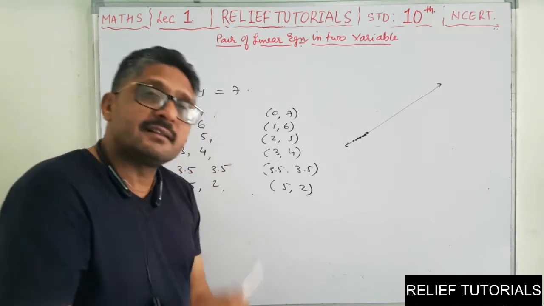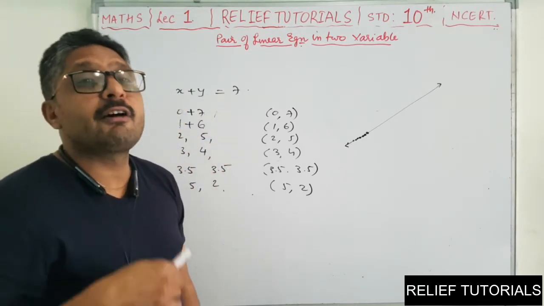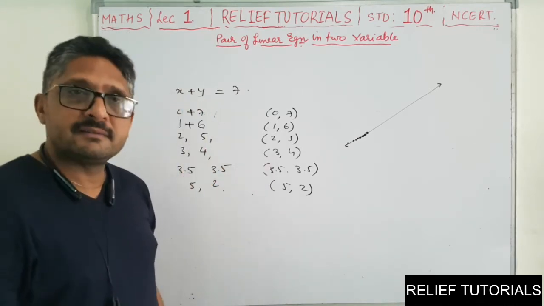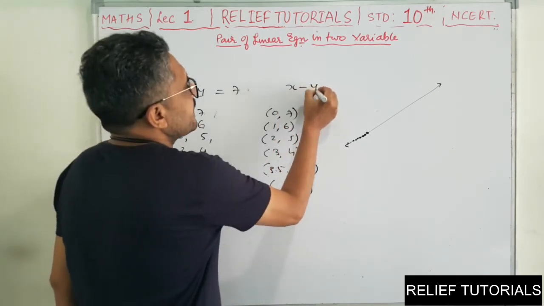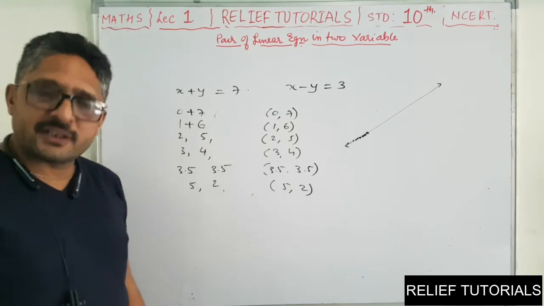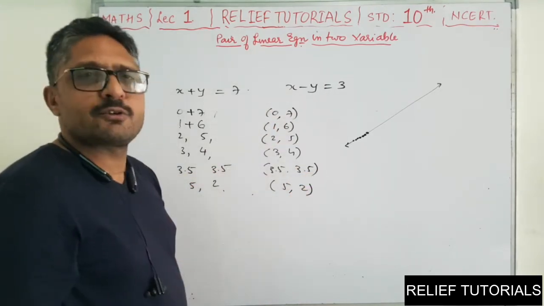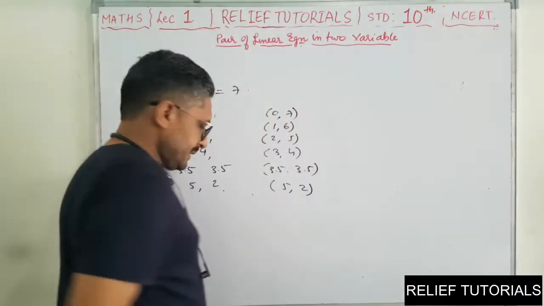So the question arises, sir, how to get a unique solution? For that we require one more equation, as there are two variables. So I will take one more equation, that is x minus y equals 3. So I got a pair of equations. Similarly, in this case also you will have infinite solutions.